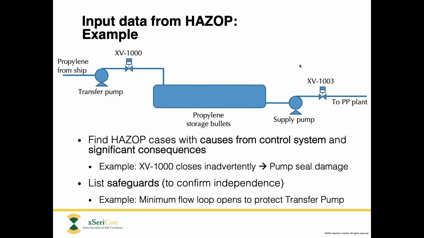But in practice, you'll find that only a relatively small number of cases actually meet these criteria of potentially being caused by control system upset and having significant consequences if no safeguards are effective. In my experience, it's typically only 3 or 4 cases per node. So it's not a difficult job to copy and paste those cases into a separate table, which you can then refer to during the CHAZOP study.